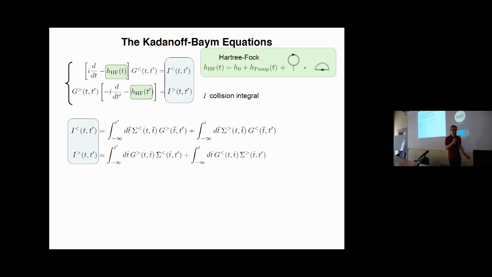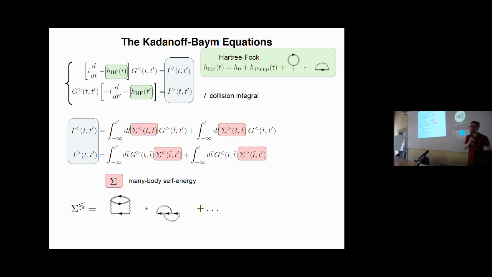Then, obviously, a difference with the equilibrium, now we have two self-energies, sigma lesser and sigma greater, that depend on two times, again. But again, the beauty and the power of the non-equilibrium Green's function theory is that even out of equilibrium, you can expand the self-energy in power series and draw Feynman diagrams where the building blocks are G lesser and G greater. So these are closed equations.